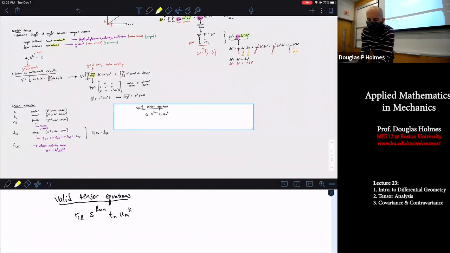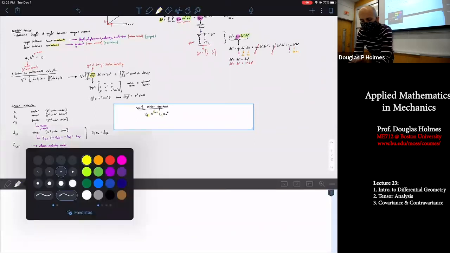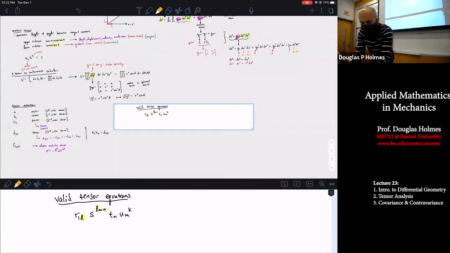But we can say, well, I have an L and an L here, so I know that an L can't appear on the other side of my equation. I have an N and an N here, so that can't appear on the other side of the equation. An M and an M, can't appear on the other side of the equation.